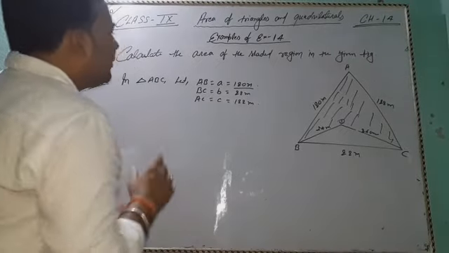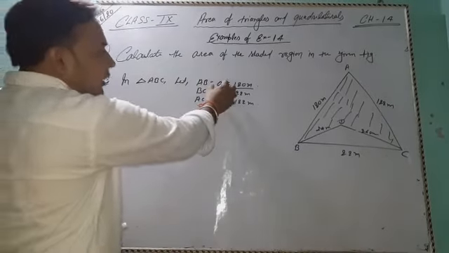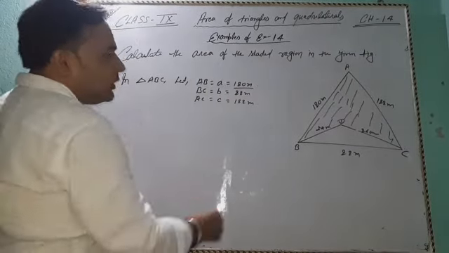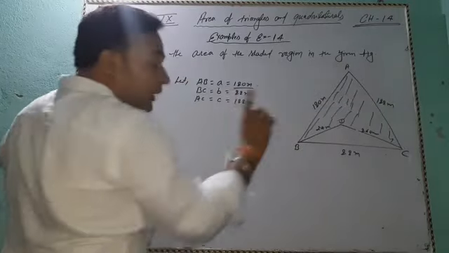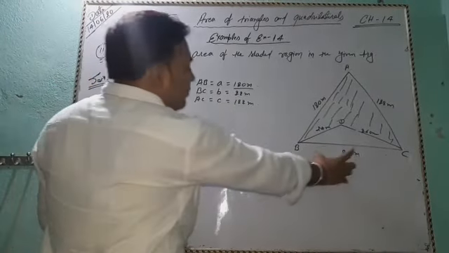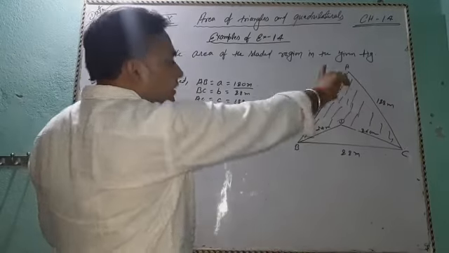In triangle ABC, AB equal to A equal to 120 meter. This side we have taken as A, BC as B and AC as C.